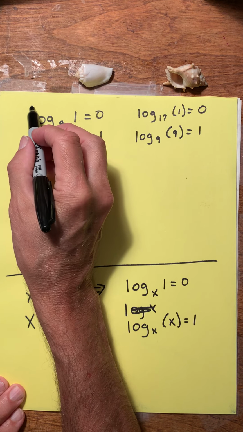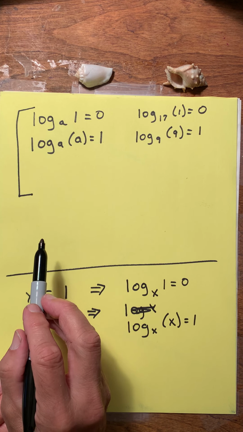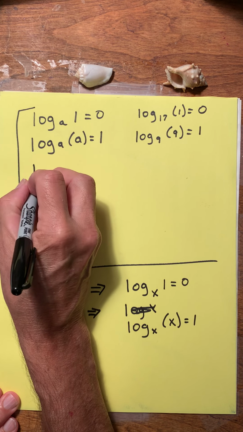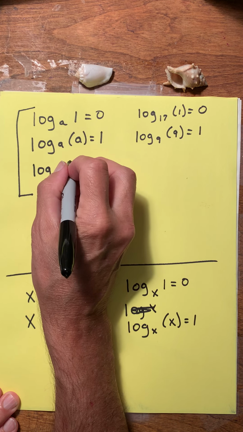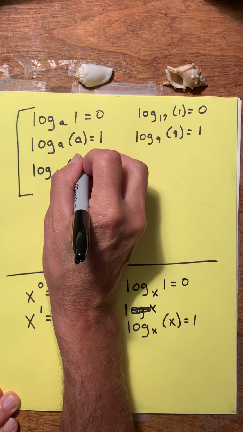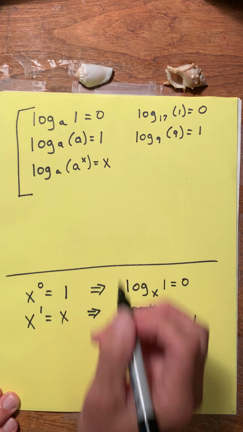So these three concepts, oh, that means I need one more. Here's the third one. Log base a of a to the x is just going to be x.